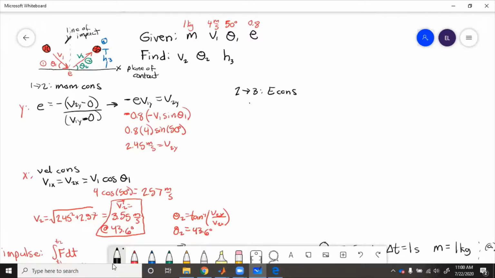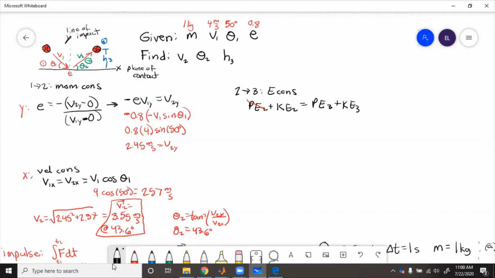So potential energy at 2 plus kinetic energy at 2 equals potential energy at 3 plus kinetic energy at 3. Well, originally, there's no potential energy. It has a kinetic for sure, because it's moving, but there's no potential at state 2. Now at state 3, it's up above the ground, so it definitely has a potential. And then it is still moving horizontally, so it has a kinetic.